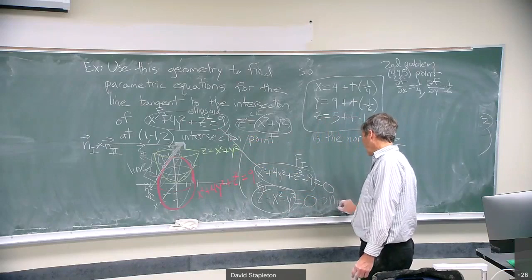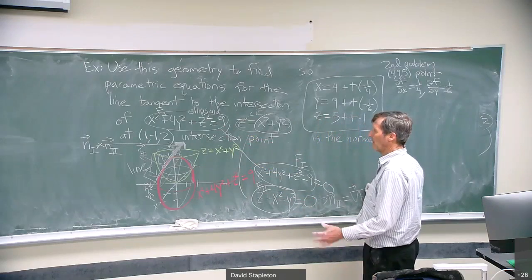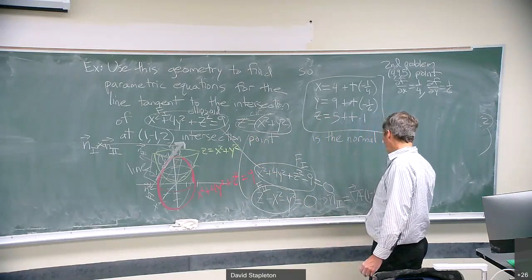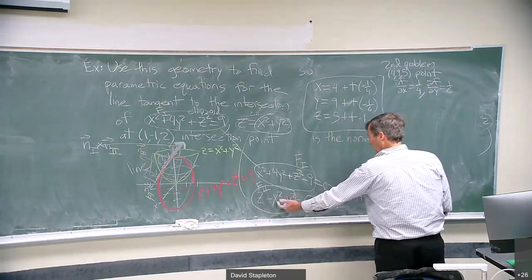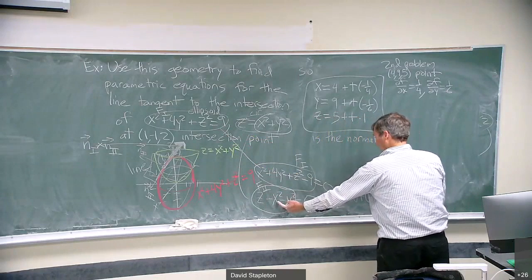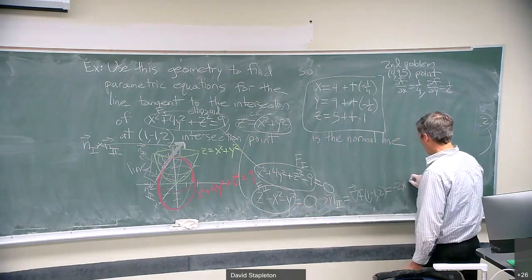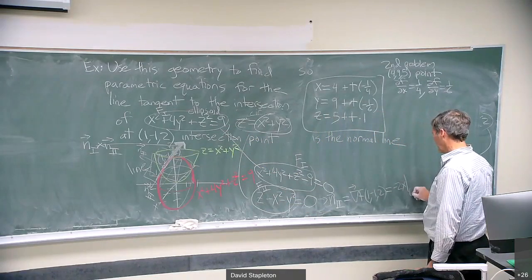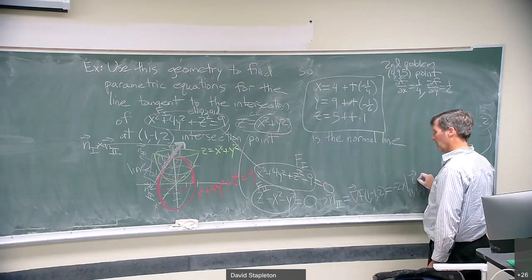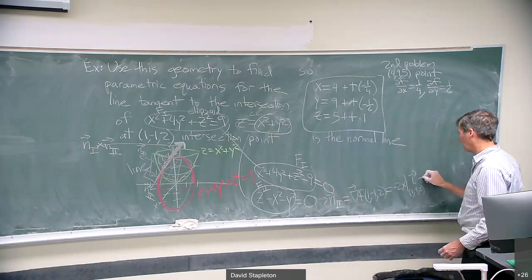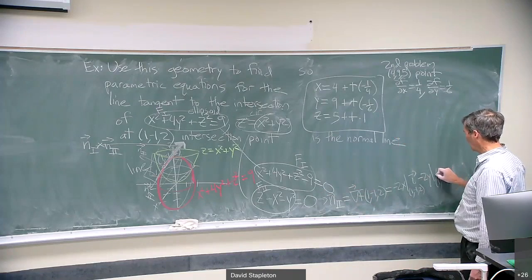And now, the normal to equation 2, you just take the gradient at the point 1, minus 1, 2. So what's the gradient to this one? I take the partial of this function with respect to x, which is minus 2x at the point, i, plus the partial with respect to y, which is minus 2y at the point, j.